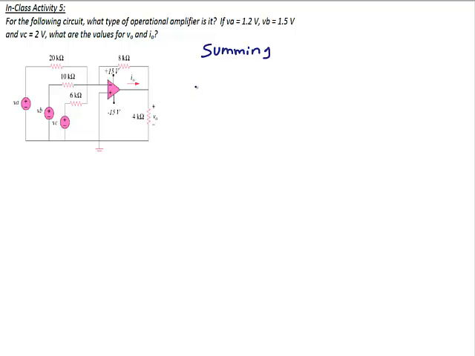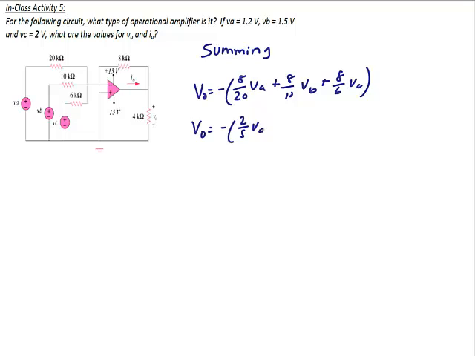So V naught is equal to negative 8 over 20 VA plus 8 over 10 VB plus 8 over 6 VC. Now let's redraw this and reduce those fractions. So we're going to have negative 2/5 VA plus 4/5 VB plus 4/3 VC.